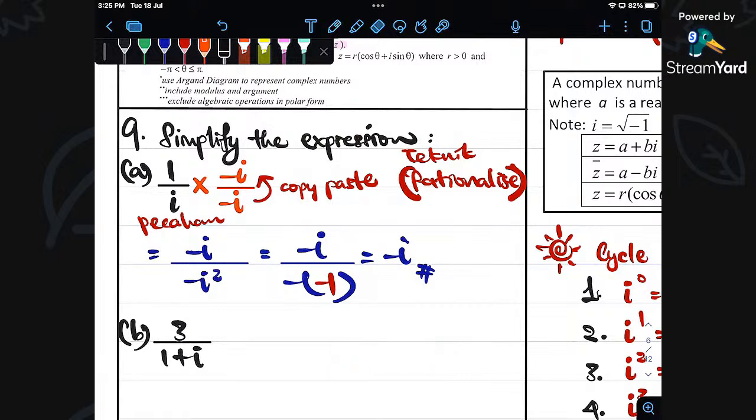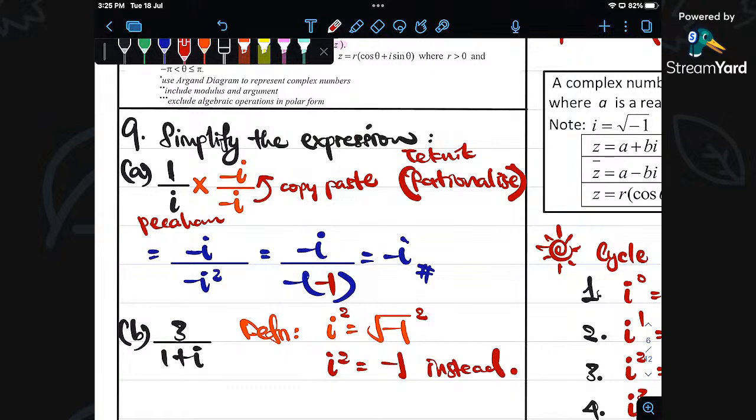It is actually coming from I is equal to, tadi kan kita tahu definisi ini. This is a definition where we know I is equal to square root of negative 1. Apabila kita squarekan both sides, kita akan dapat I squared bersamaan dengan negative 1. This is also magic.